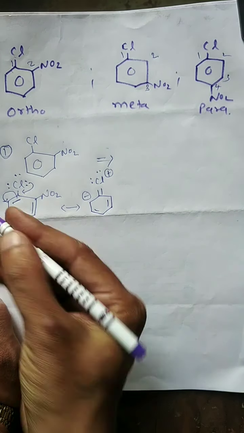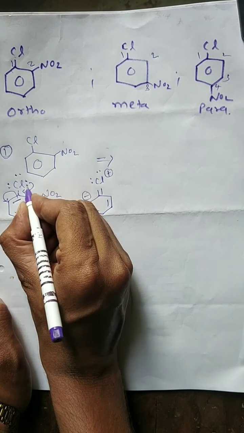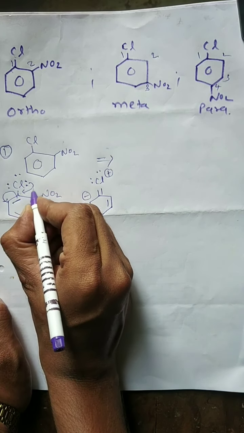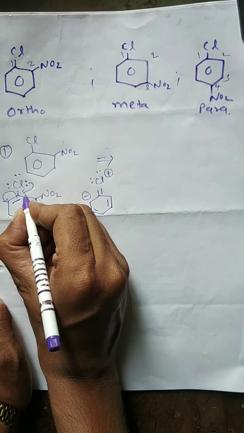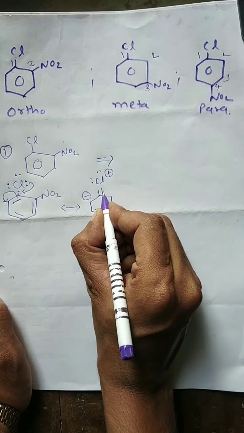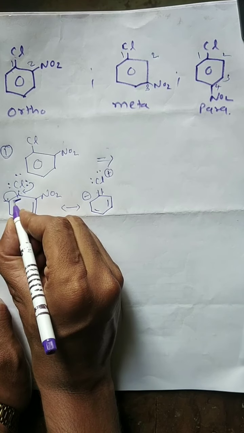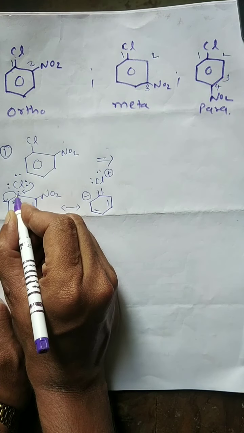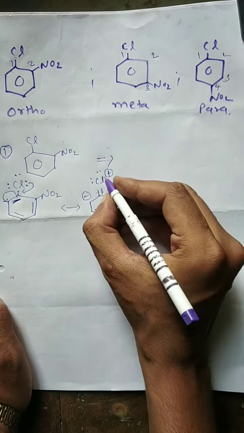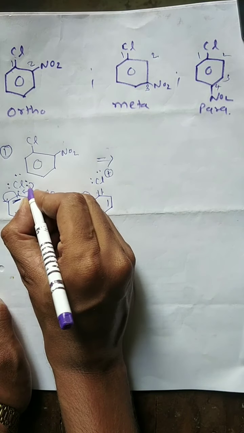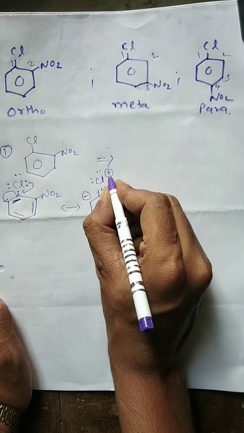Okay, what happens here? One pair participates in resonance, so it forms a double bond here, and this benzene double bond breaks and makes a negative ion here. Now chlorine loses its electron, so it becomes positive here.